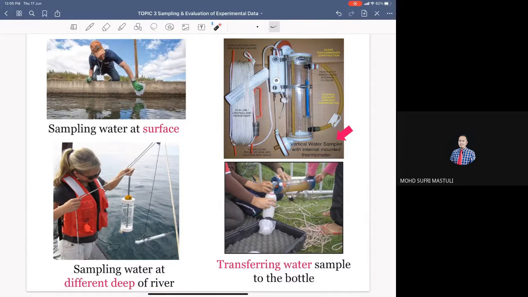As I told you, we have to collect the sample on the top, in the middle, and also at the bottom of the population. In this case, I think this is a lake. This special equipment, we call it a vertical water sampler, has a rope that we can adjust to set the distance during sample collection. After we collect the liquid sample, we have to transfer it into the storage bottle. As you can see, this is the vertical water sampler, and we put the sample into the sample storage bottle.